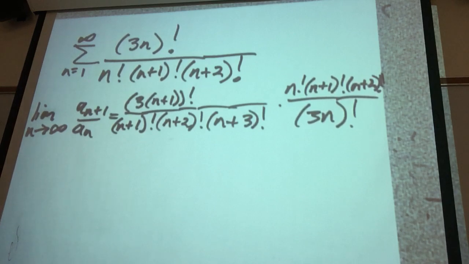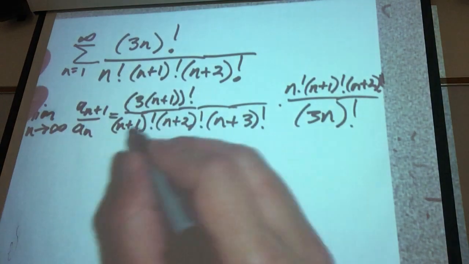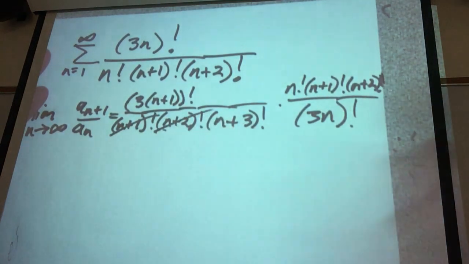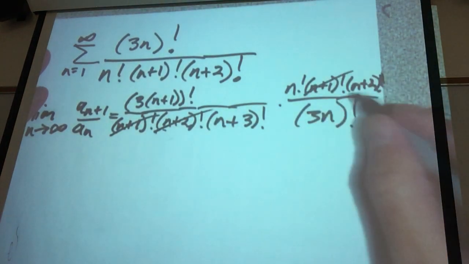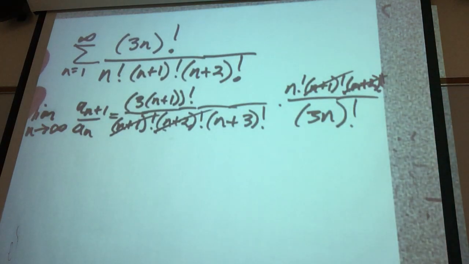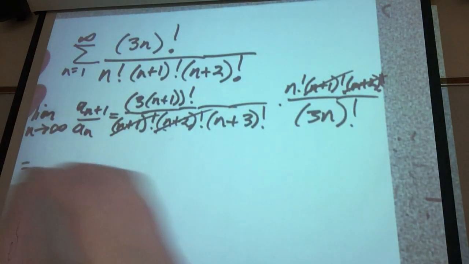All right, now there's a couple of things that we can cancel out so far. And so n plus 1 factorial and n plus 2 factorial can go ahead and go away. Okay. And then n factorial and n plus 3, we'll take an extra step on those.